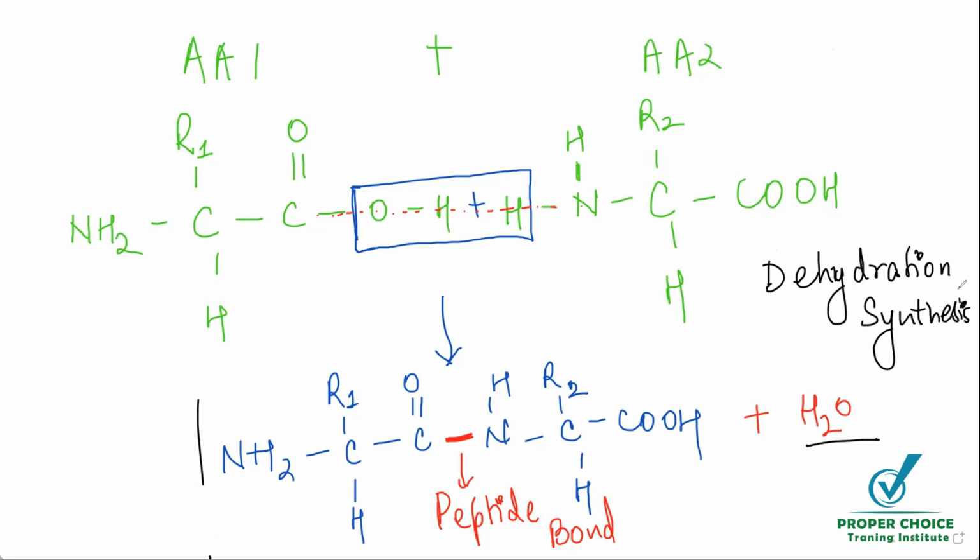And synthesis means that with the removal of water, something is being prepared. So a peptide bond is being prepared by dehydration synthesis. Water is removed and the peptide bond is synthesized. So this is dehydration synthesis.